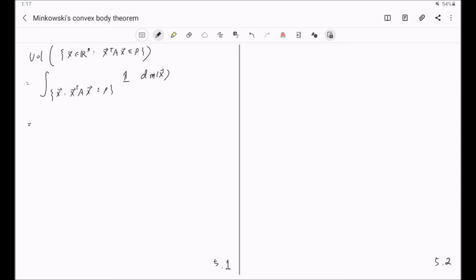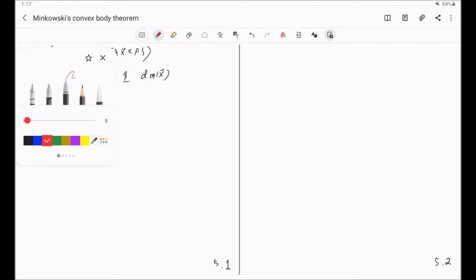by a change of variable formula, so let me do this carefully.